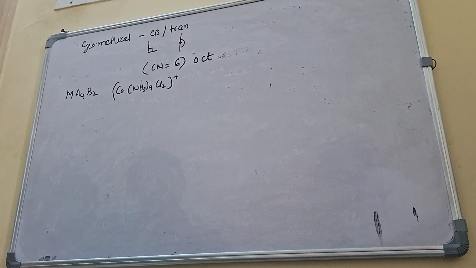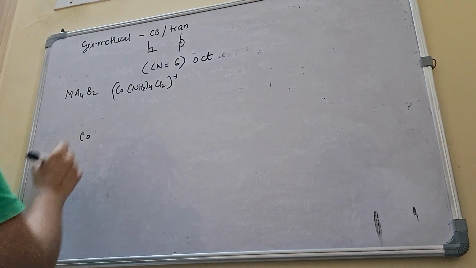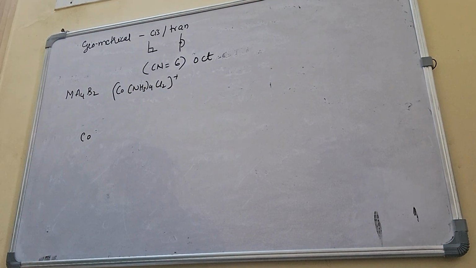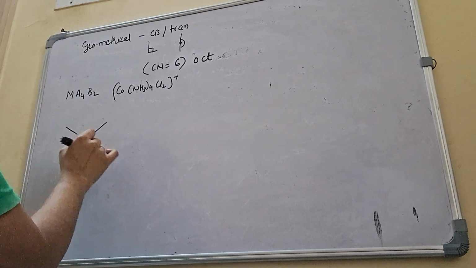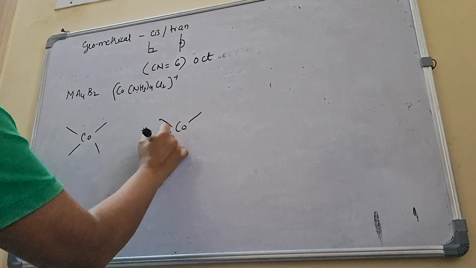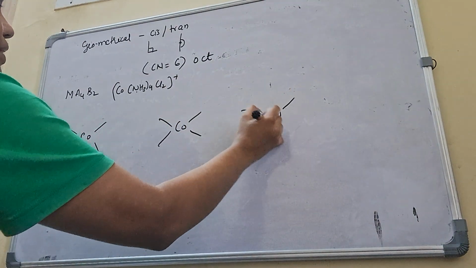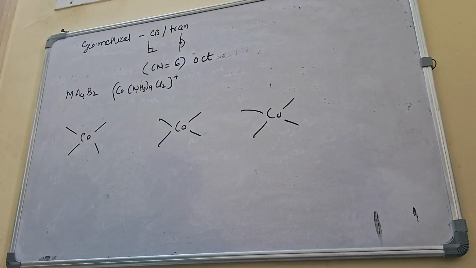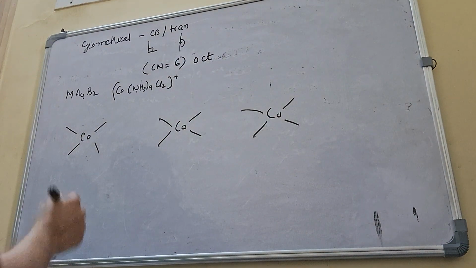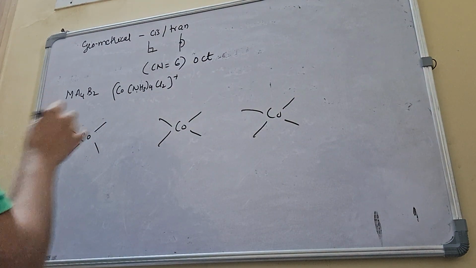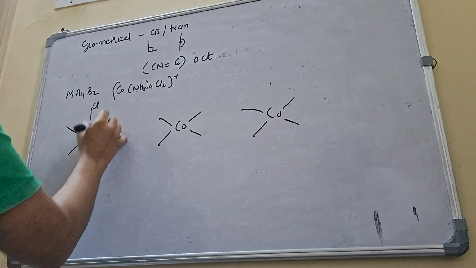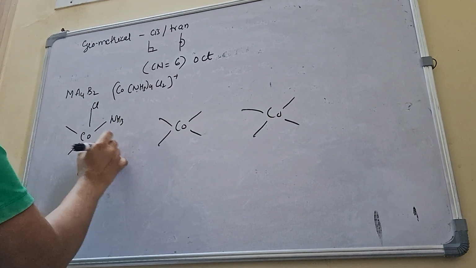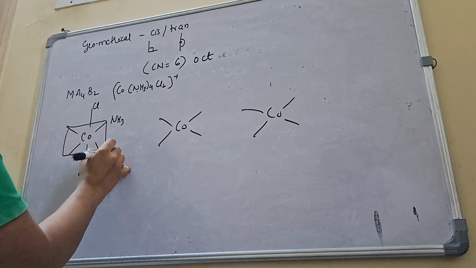So cobalt is the central metal. There are 4 amines, so you can have different ways to arrange it. It's octahedral, something in the plane and something out of the plane, on top and bottom. There are 2 chlorine. So let me say chlorines are here, and 4 ammonia are on the plane.